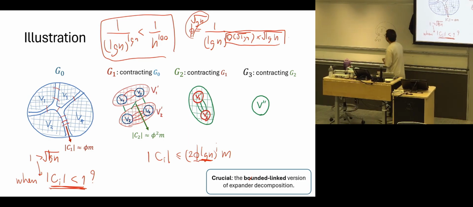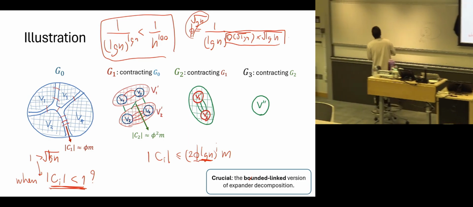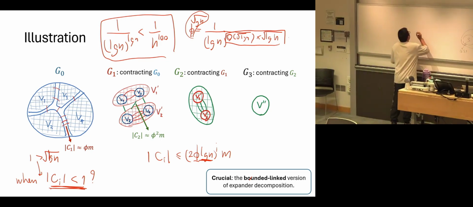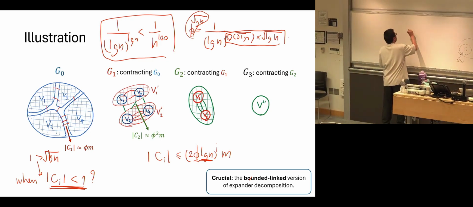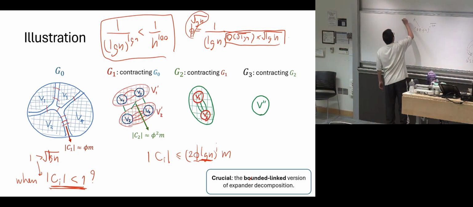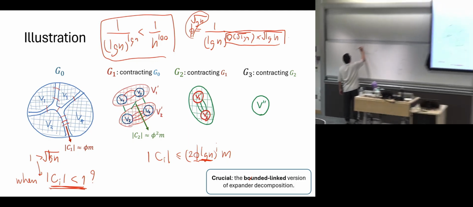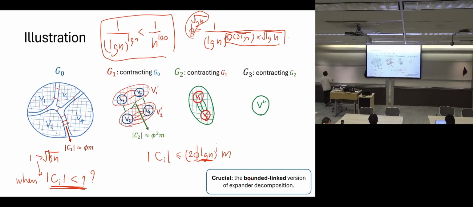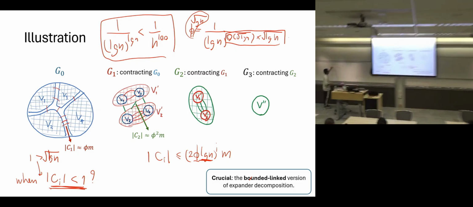So let's see. 2 phi log n to the, let's say, root log n, right? Let's say that phi is 1 over log n to the, let's say, 10. Let's say phi is just this.